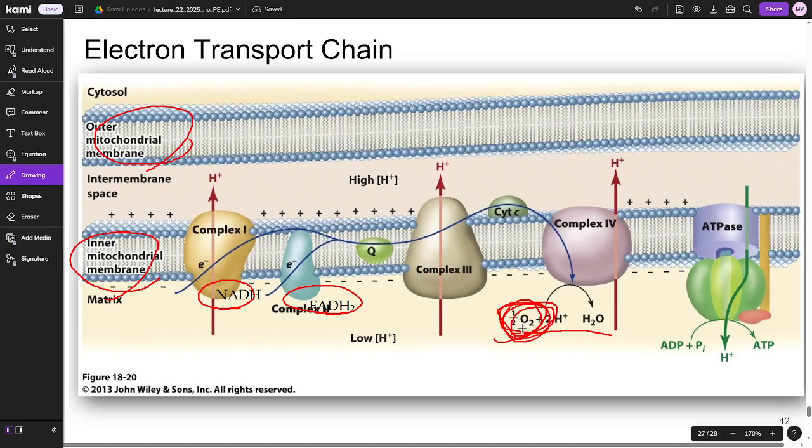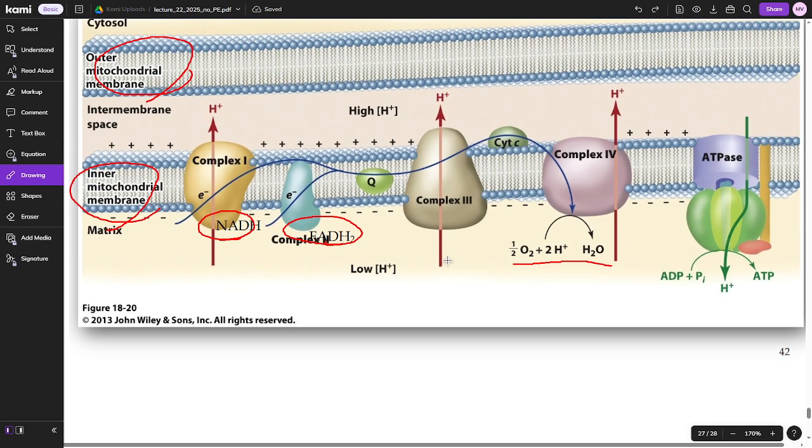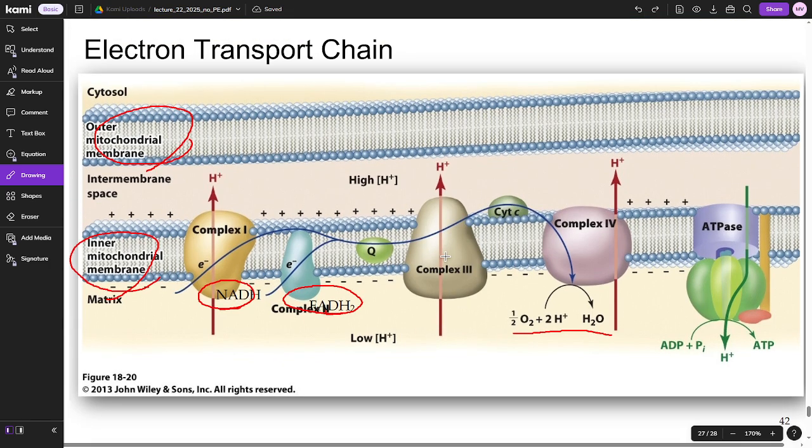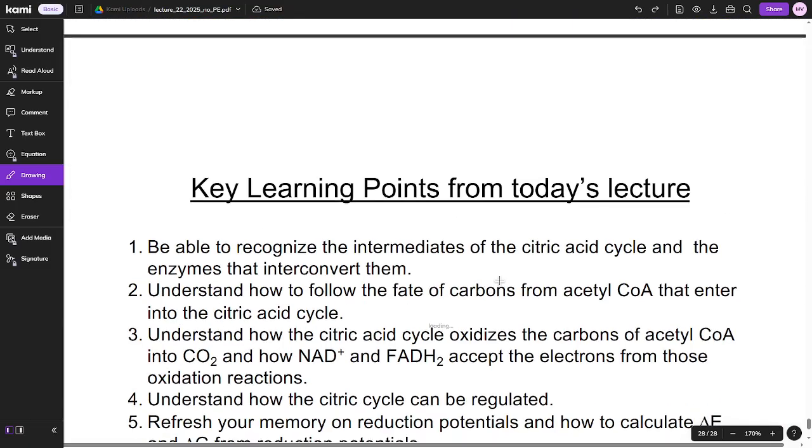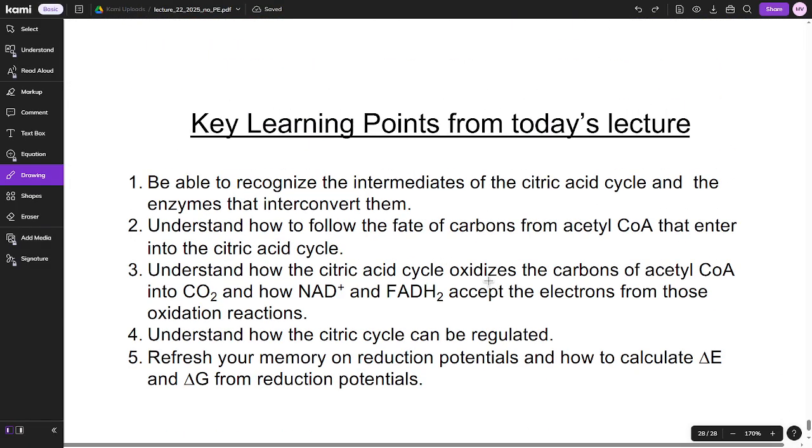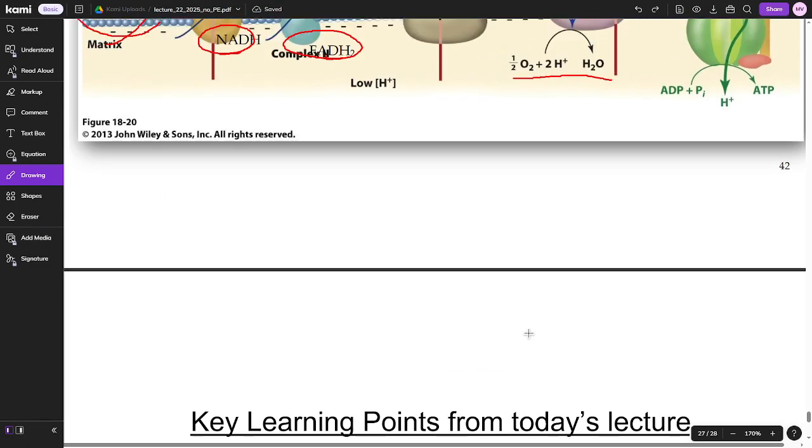So this is why we need O2, and this is why we need to breathe, because we need the O2 for the electron transport chain. So the NADH goes through complex 1, 3, and 4. The FADH2 goes through complex 2, 3, and 4. And because it only goes through complex 2, 3, and 4, it actually misses out on a lot of protons. But that's not in this lecture, so we'll probably talk about that a little bit later.